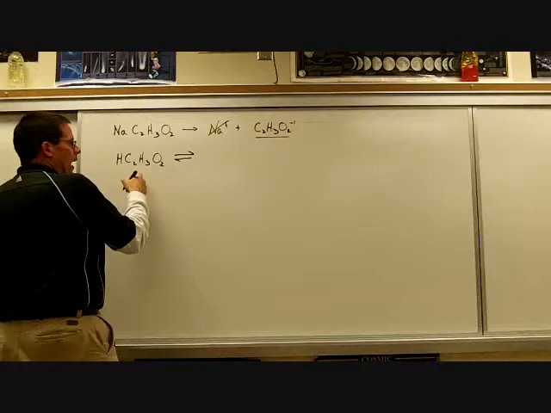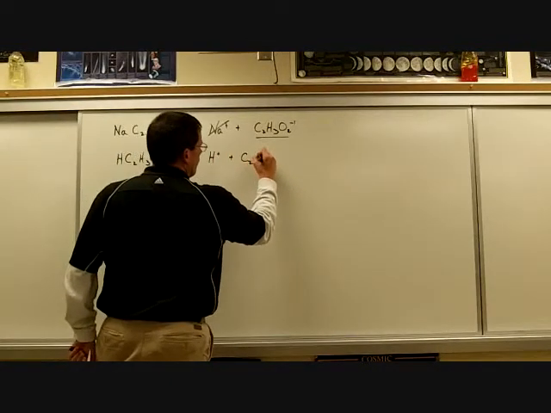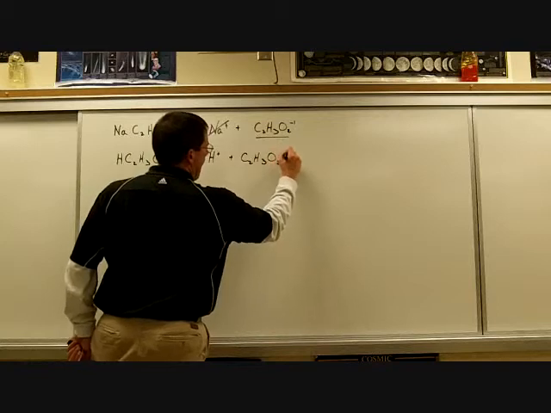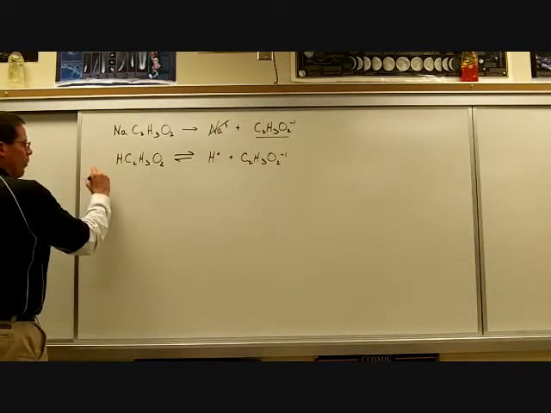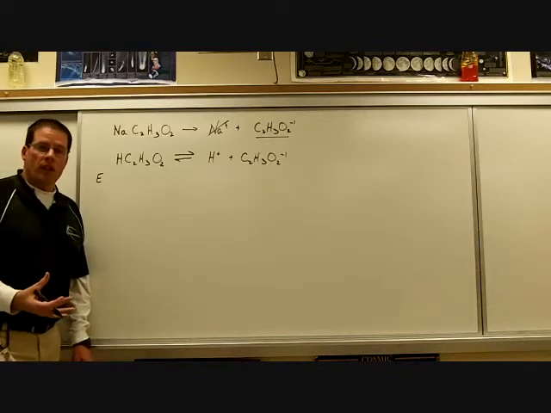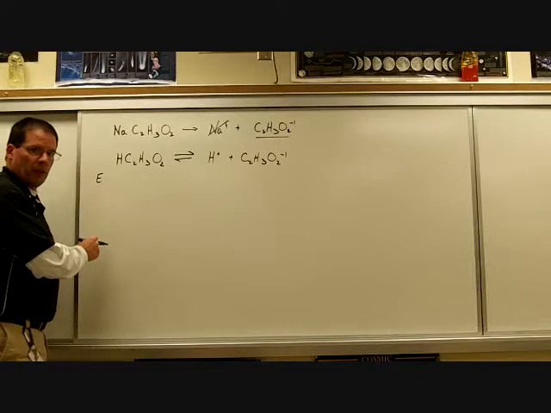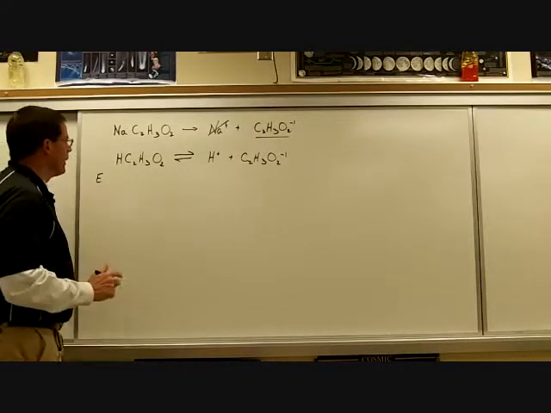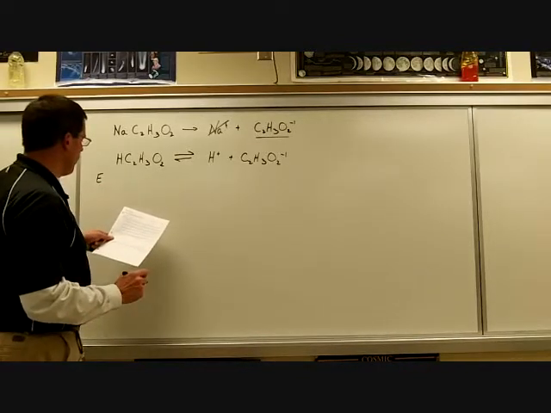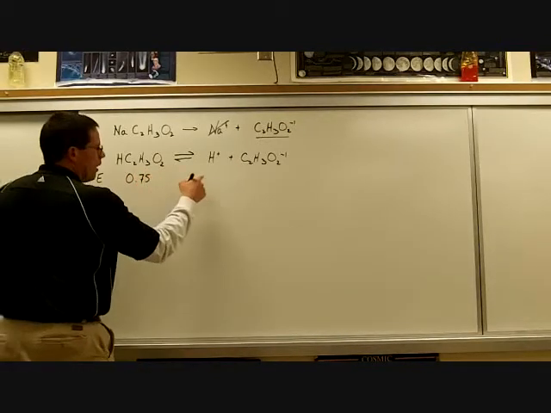Okay, since we have acetic acid, it'll form hydrogen ions and the acetate. And what's nice is it gave us the concentrations at equilibrium. So if it says the concentrations at equilibrium, we don't need to do the 3 steps in the ICE chart. Just go right for E. So in this case, we have our concentration for the acetic acid at 0.75.